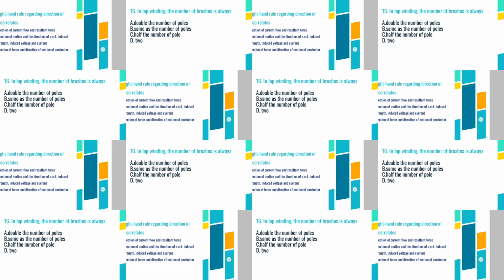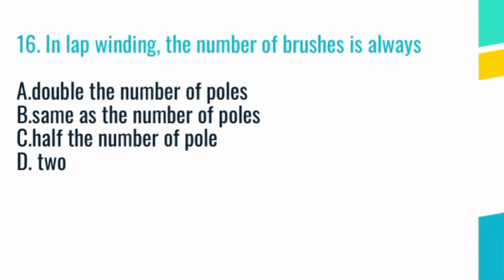Magnetic flux, direction of motion and direction of EMF induced. B is the answer. In lap winding, the number of brushes will be always: double the number of poles, same as the number of poles, half the number of poles, or D2. In lap winding, A equal to P, number of parallel paths equal to number of poles.